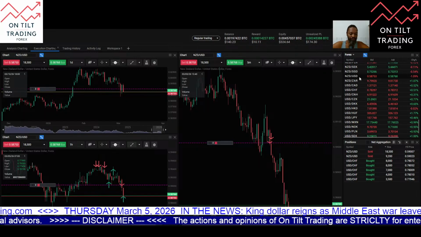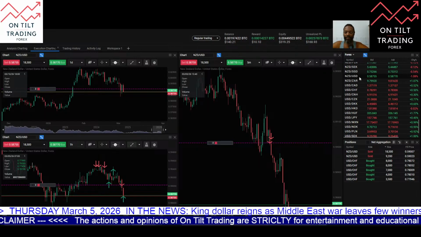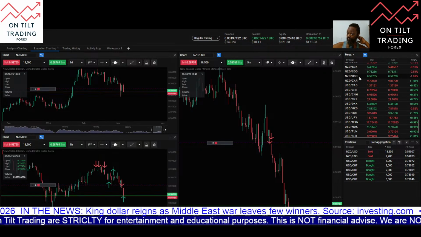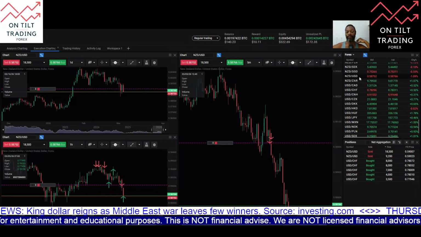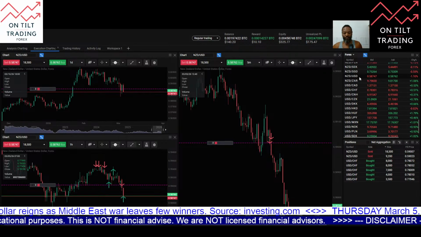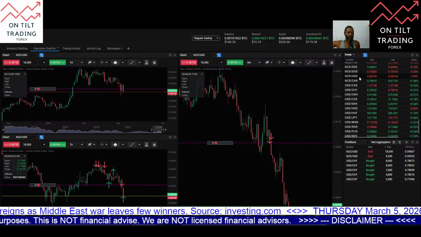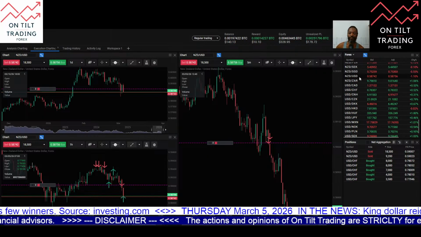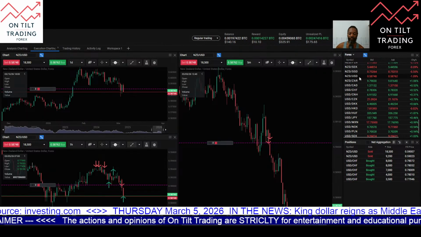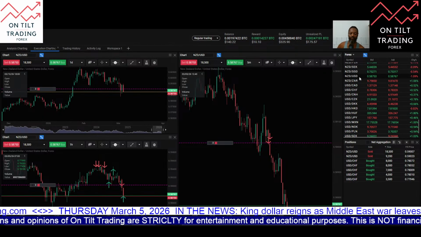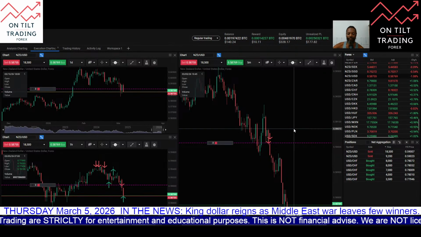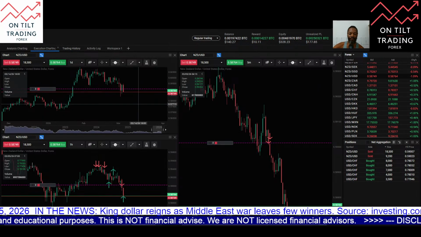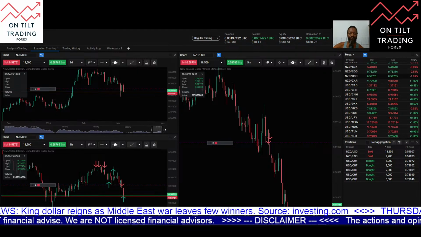Kiwi dollar here, still delivering to the sell side overall. Price is doing some consolidating here. We'll take a look at my history.